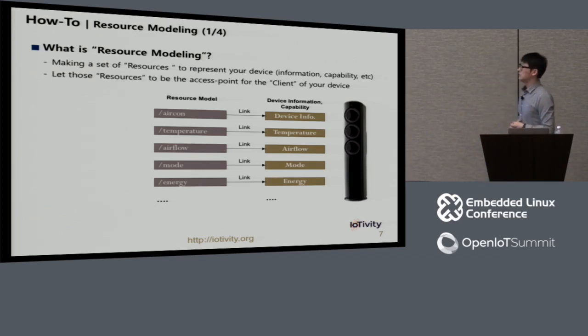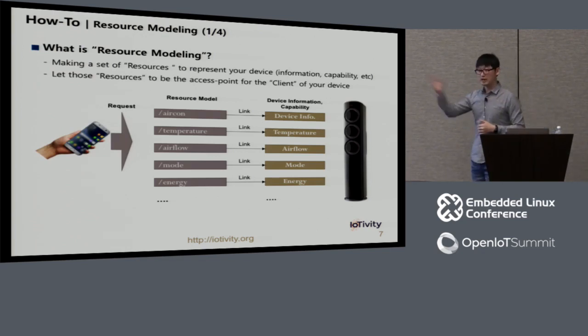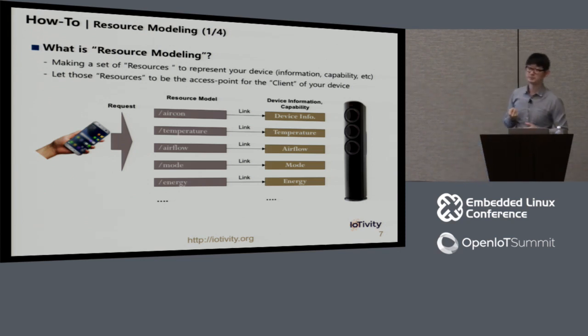For example, let's say there is a temperature sensor there. Then you could model a resource with the URI temperature, so this device has that resource. You could discover the temperature resource on the network, and if you send a GET request to the temperature resource, then you will have the temperature data.